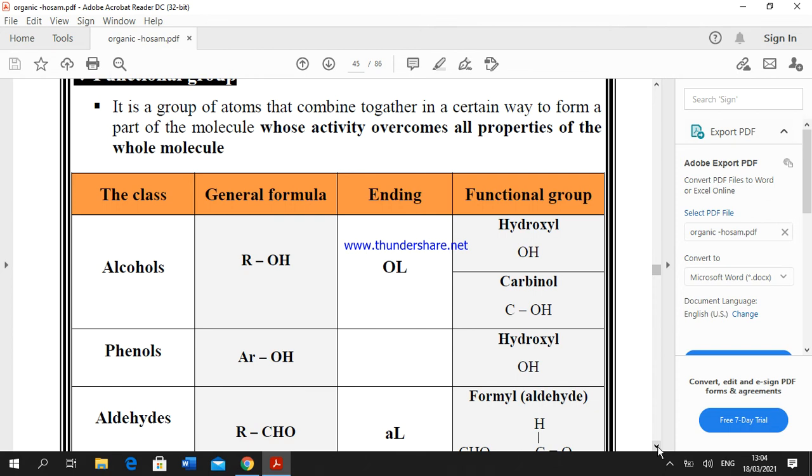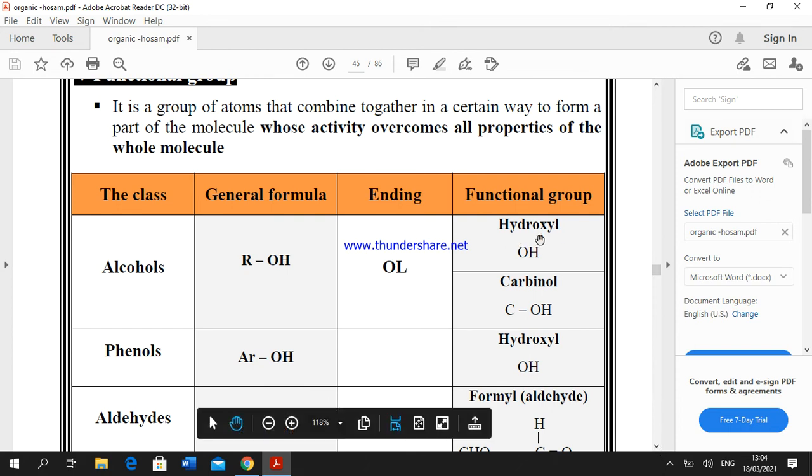We classified them into different classes to facilitate the study of these derivatives, okay? So, number one, the hydroxyl functional group.